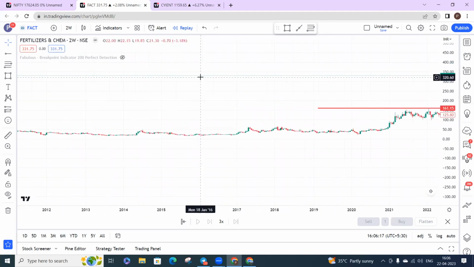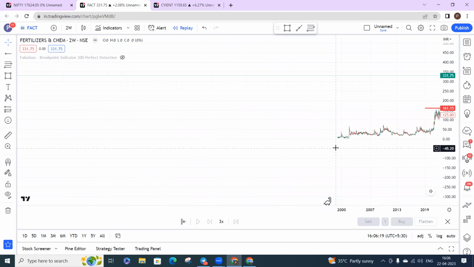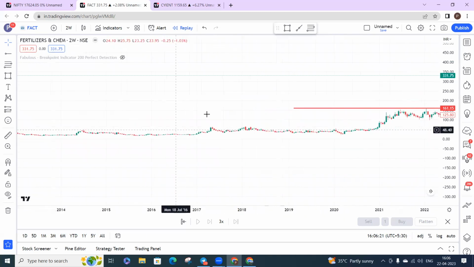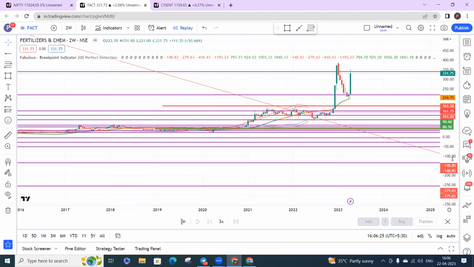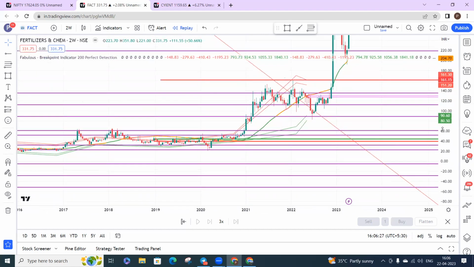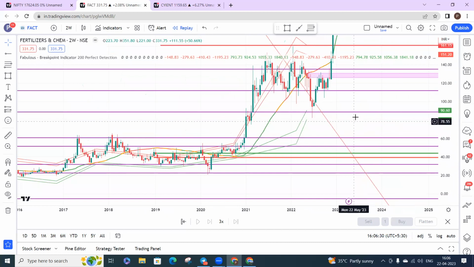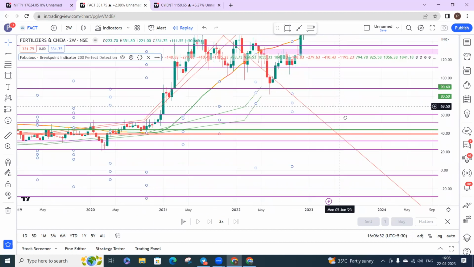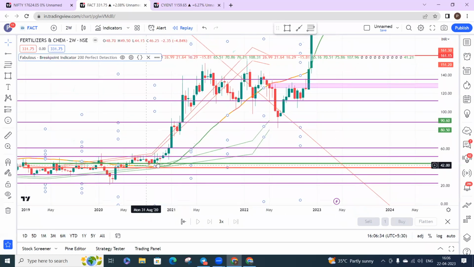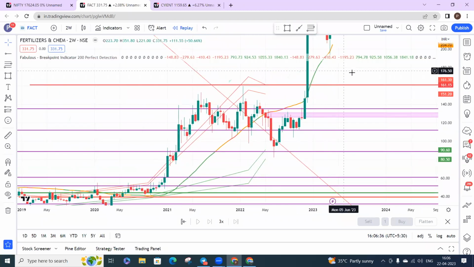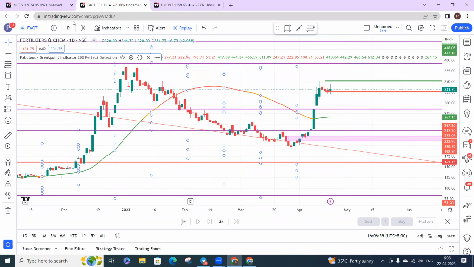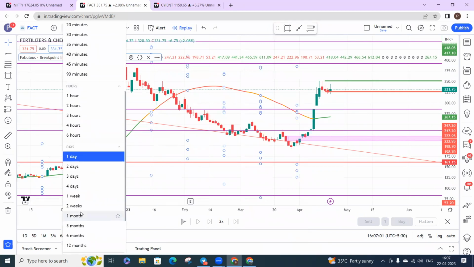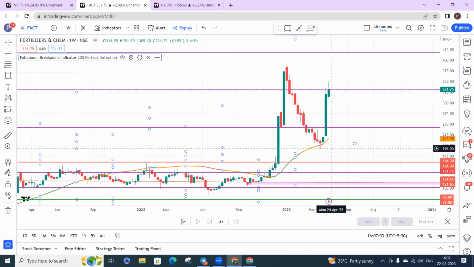Let's do it here. When this market started in 2000, I'm using the fabulous indicator, where it is asking me to buy somewhere here. Okay, this is on the verge of a breakout. If you're a positional trader, I'll be looking out on a weekly.